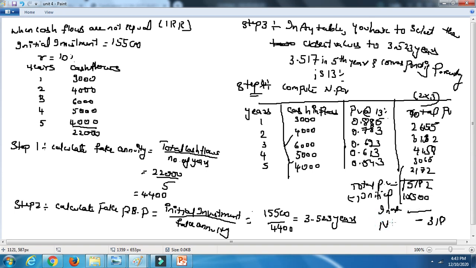So here we got NPV negative. If it is a positive value, you move 2 points upwards. Here we got negative minus 318, so you move 2 points downwards.